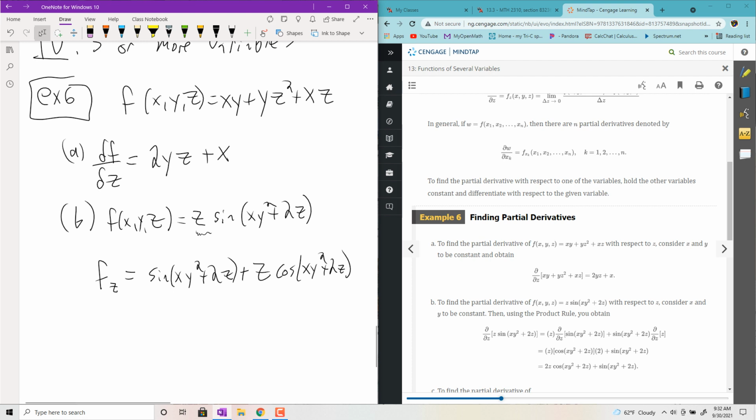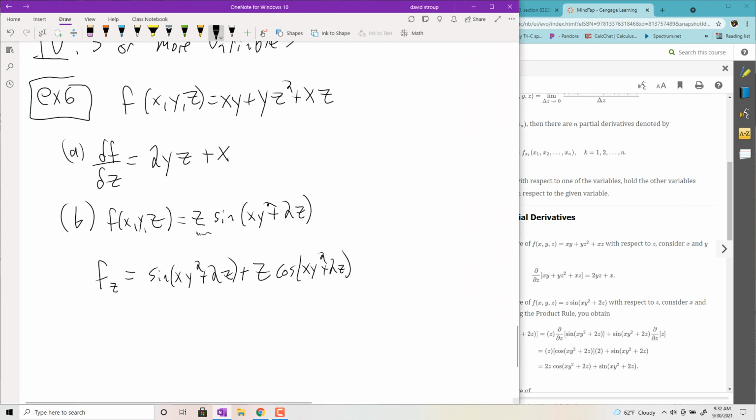And then the chain rule, I have to tack on the derivative of the guts of cosine. So tacking on with respect to z, the xy squared is 0. The 2z will just become 2. Cleaning up, I get sine of xy squared plus 2z plus 2z cosine of xy squared plus 2z.